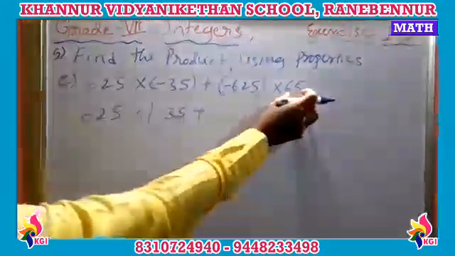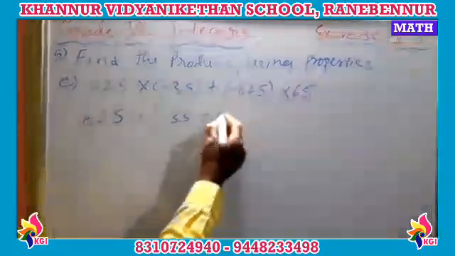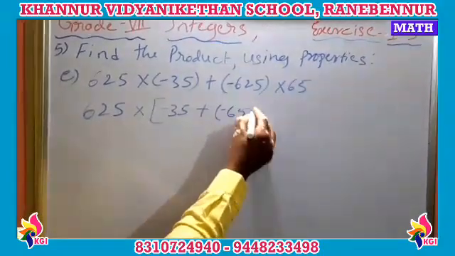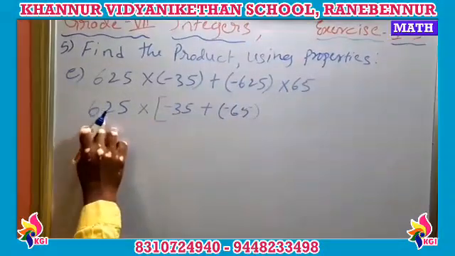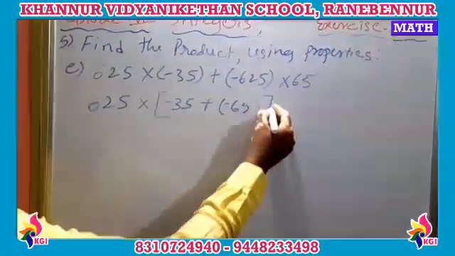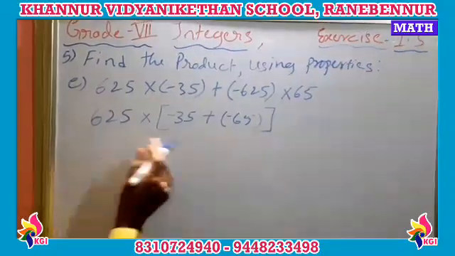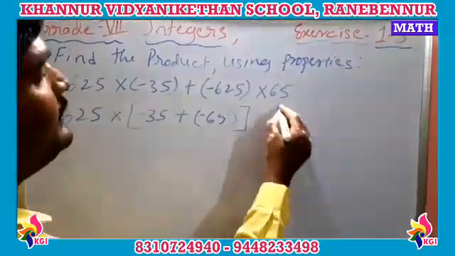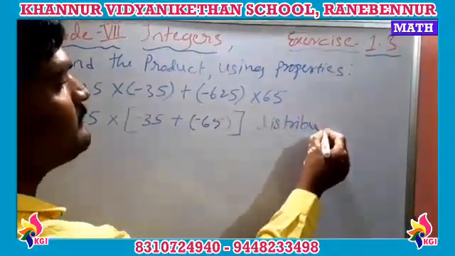What is the symbol for the 65? I can take that one as a minus 65, so that this minus is going to change to a plus. So it is going to be mentioned like this: plus 65. Next, I need to mention which property I have used. I used the distributive property.